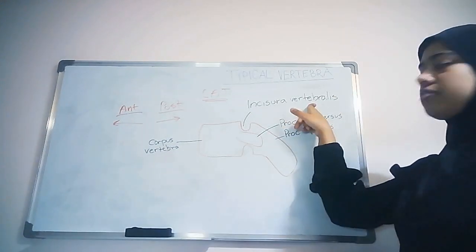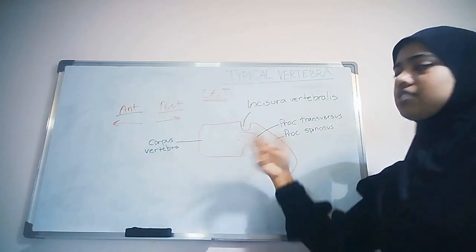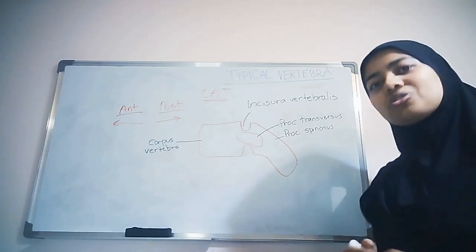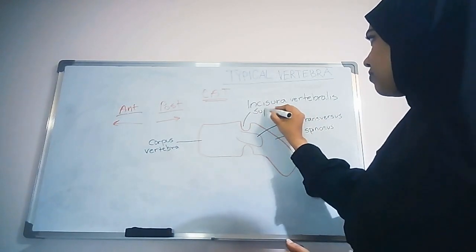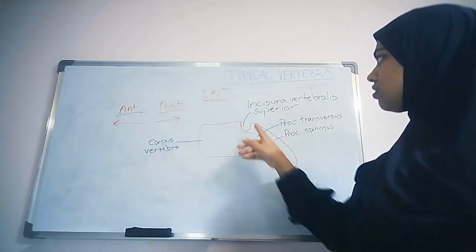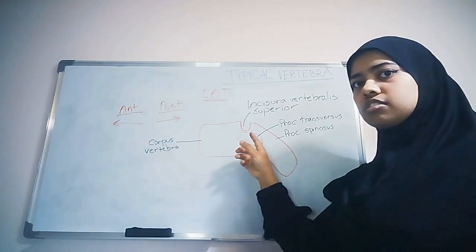A notch in the vertebra, as you can see. This is the superior one, as I said before, and this is the inferior, so maybe you can guess what we should call it. Yeah, this will be superior. So this is called incisura vertebralis superior.